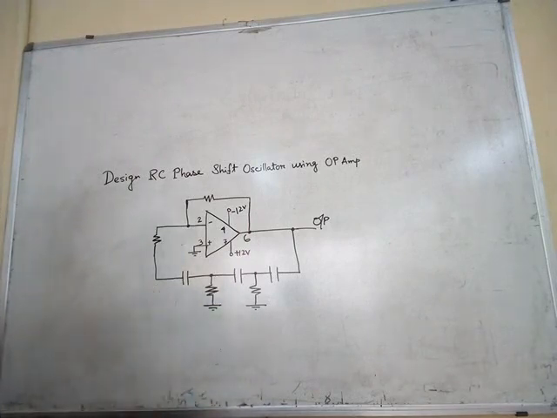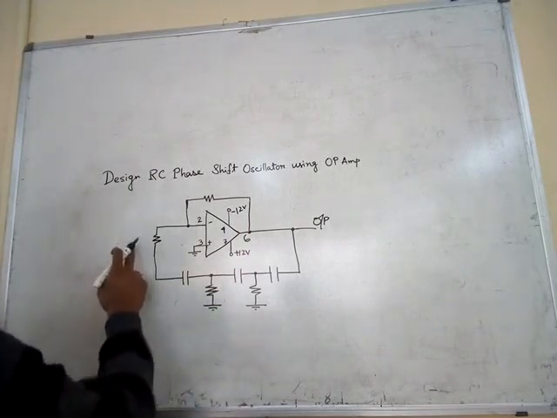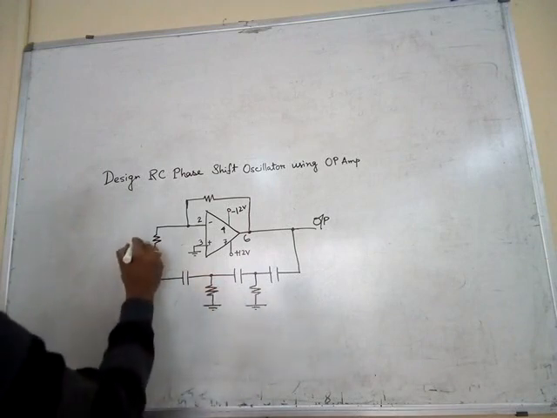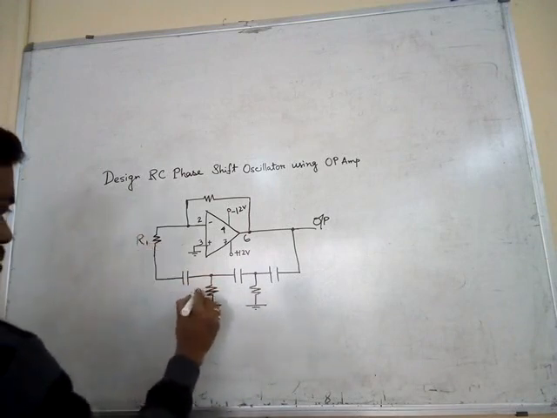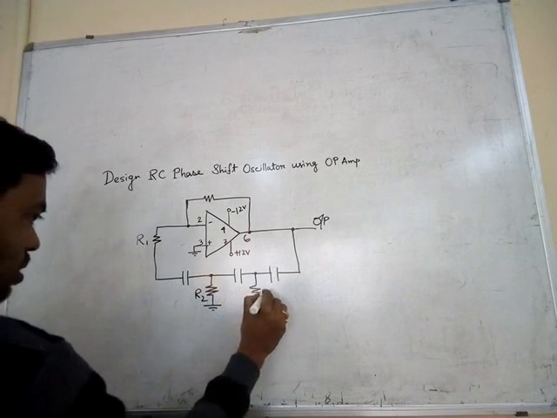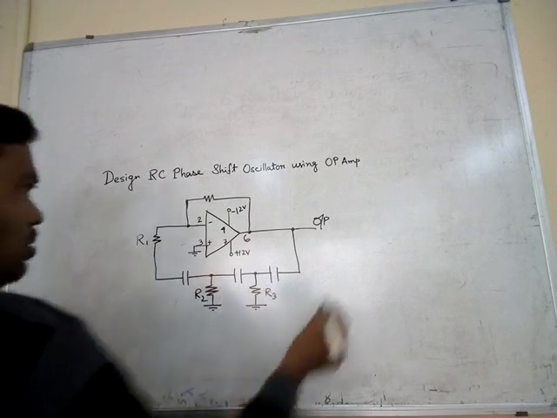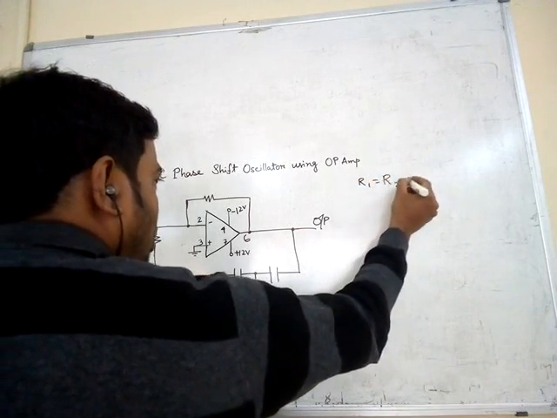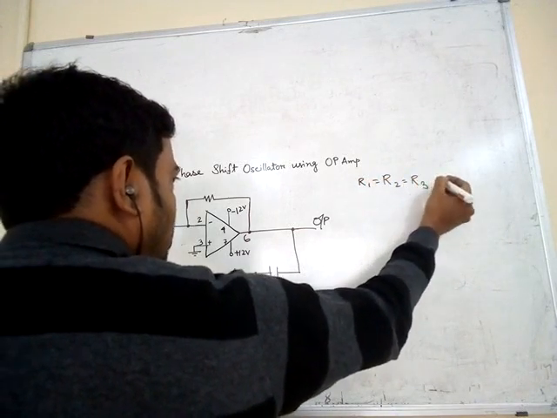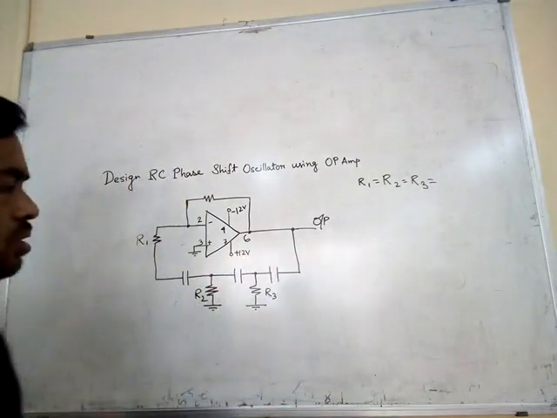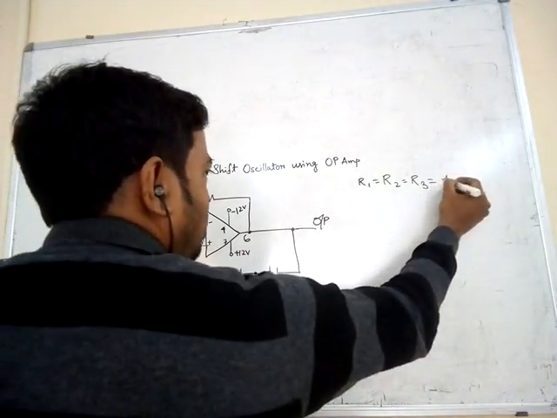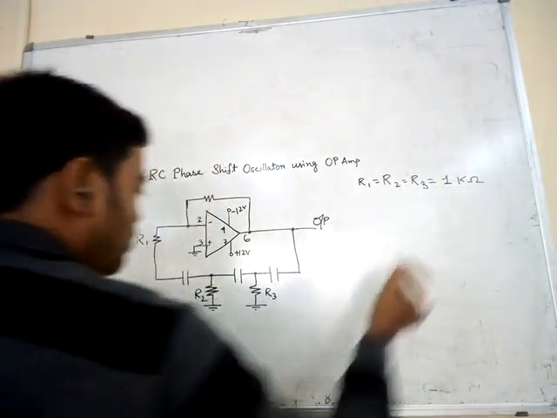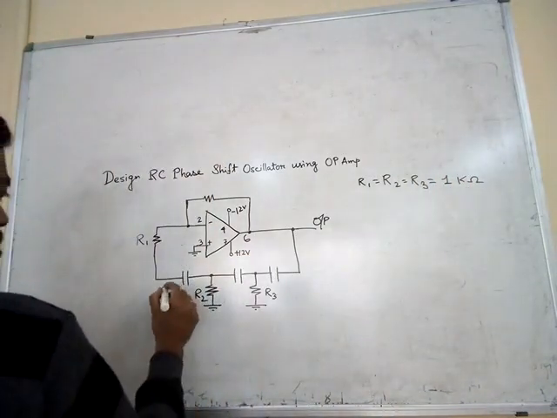Now I describe the circuit. First of all, this is R1, R2 and R3. These three resistors will be the same, that is 1 kilo ohm. Next we go to the capacitor.